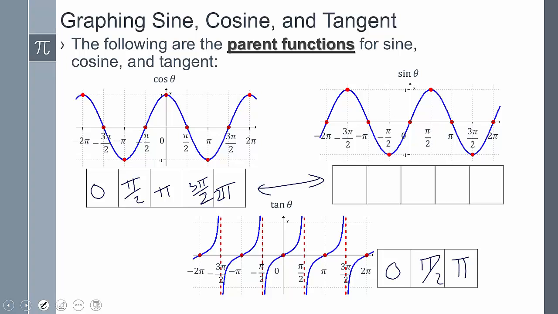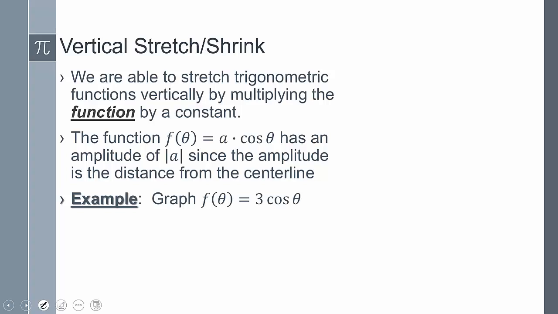Now, the period is actually going to change these numbers, and that's going to be important. So let's define this stretch and shrink. If we remember that we could stretch vertically, that was the amplitude, and that's what we went over in the previous lesson.